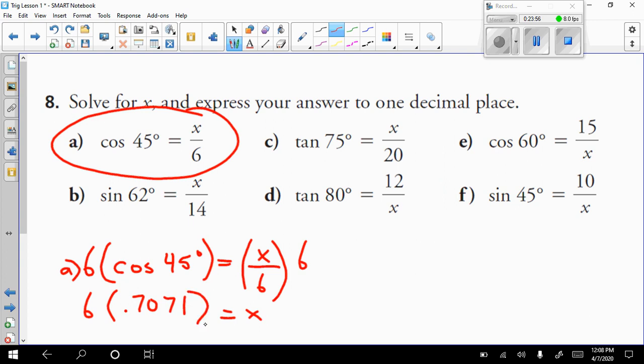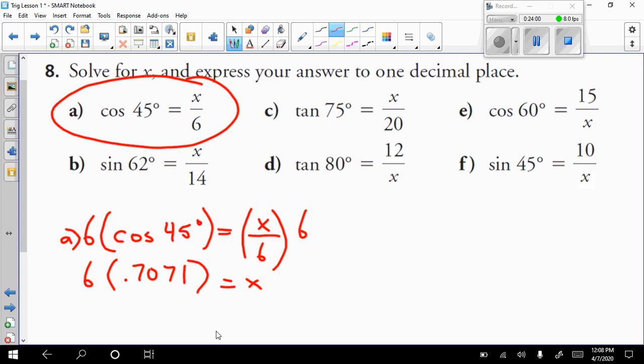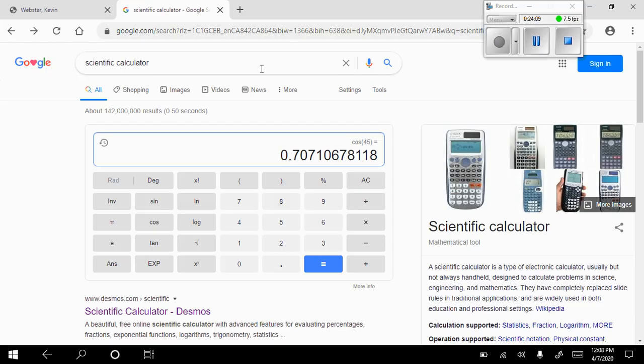Now I just have to do 6 times that to get what x is. So you're just rearranging to get the unknown by itself. So 6 times 0.7071, I'll go back to my calculator. I've got it right in here, so I'll just do times 6 equals 4.242.